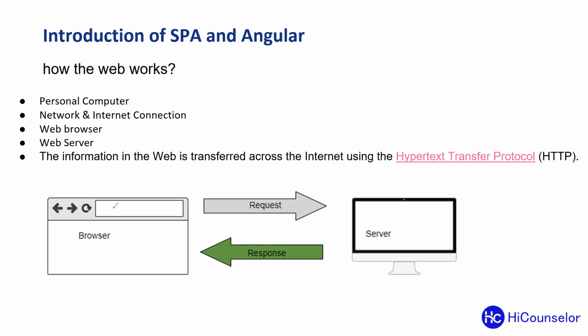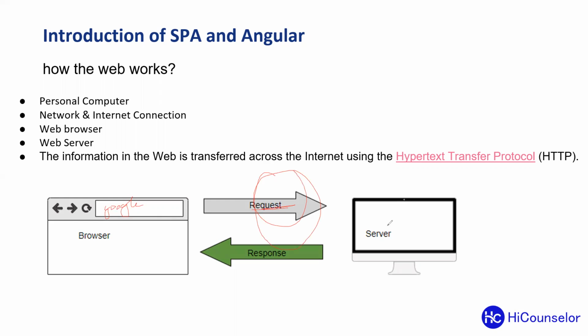You are entering something like www.google.com, let's say. At that time the browser will send a request to the server via the internet connection. So through the internet connection, you are sending an HTTP request to the server.